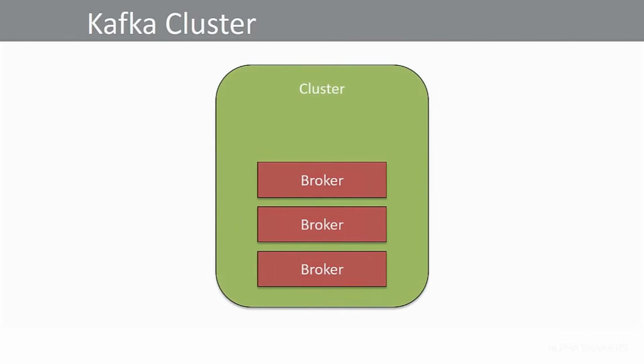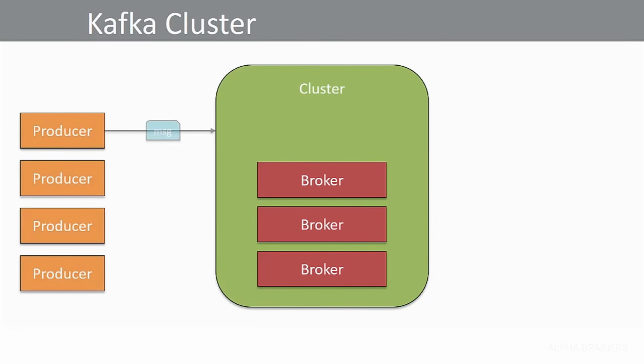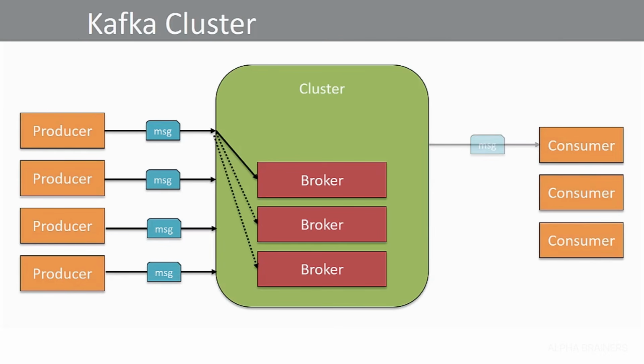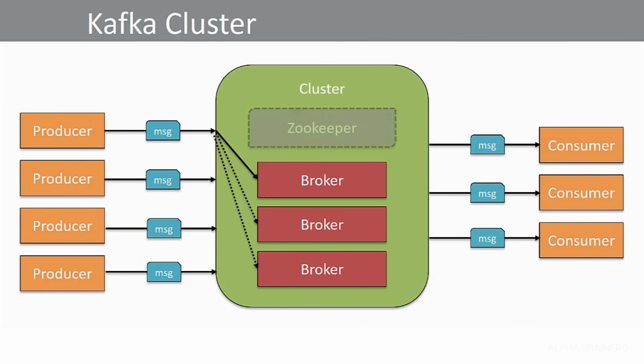A Kafka cluster is really a collection of brokers. And the brokers are going to accept the messages from the producers and then allow the consumers to retrieve those messages. And the way this works is that there's a software program running called Zookeeper. It's a separate application from Kafka, and we've already seen how to install it and some basic configuration in a previous lesson.